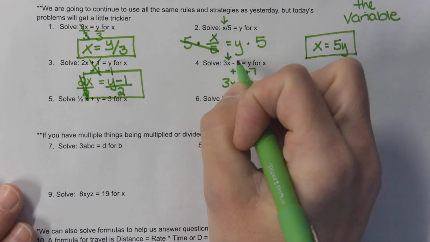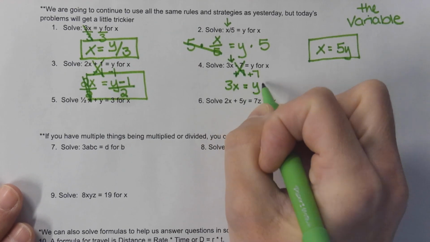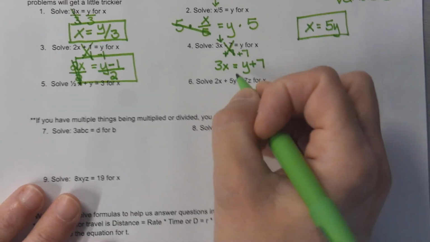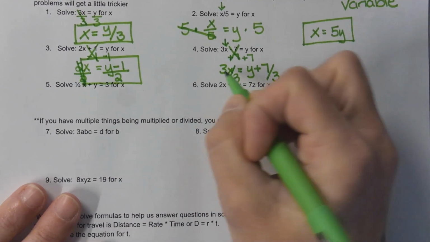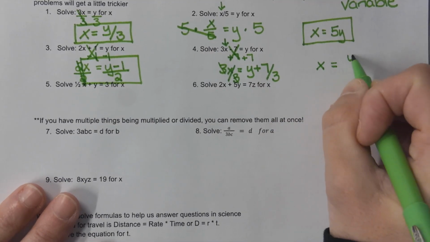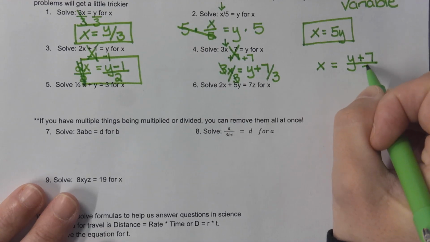So 3x, these 7's cancel, equals y plus 7. Is x alone? No. Bummer. How can I keep going to get x alone? Yeah, divide away that 3. So the 3's cancel. I'll rewrite this one so it looks a little nicer. x equals y plus 7 over 3.